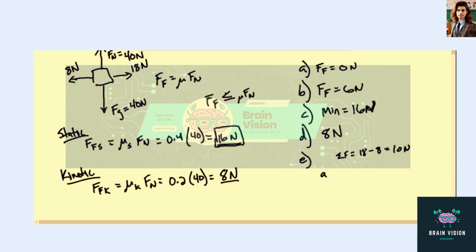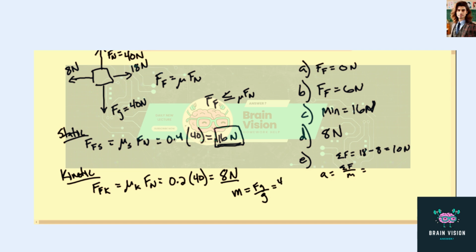We know acceleration is net force over mass. The mass I can get from the weight, right? Mass is Fg over g because the weight is mass times g. So if I want to solve for mass, I can divide by g.